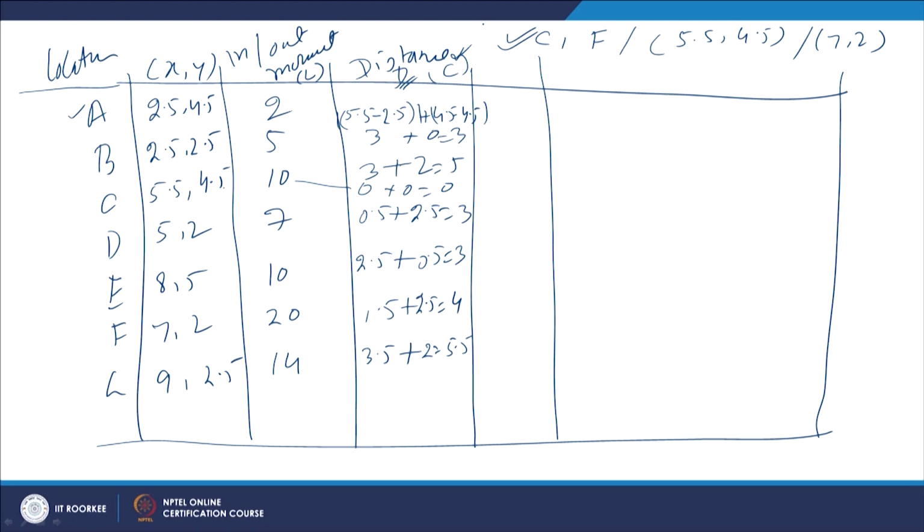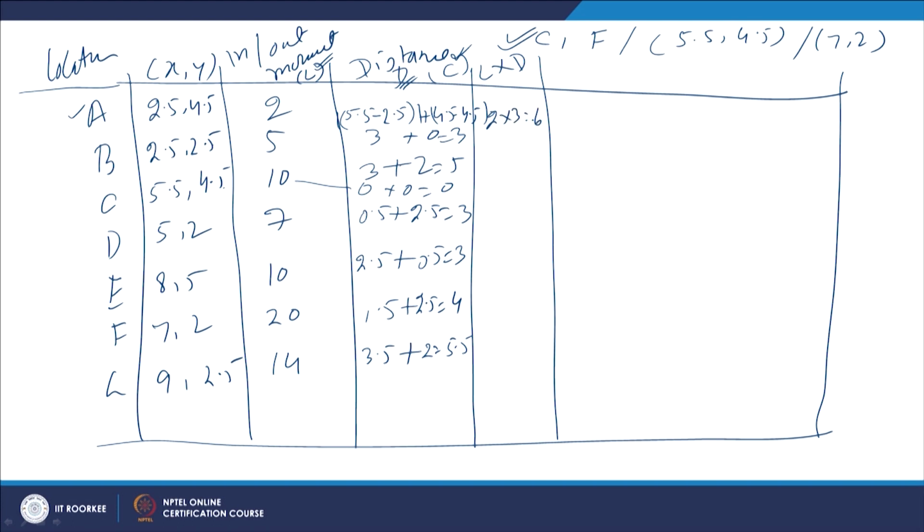What is the load, or the inward and outward movement in terms of the load? Say for A, in and outward movement for the location A is 2. So, L into D for the location A will be equal to 2 into 3, that is 6.